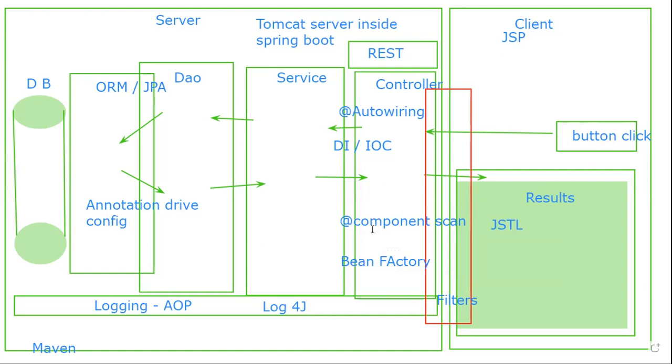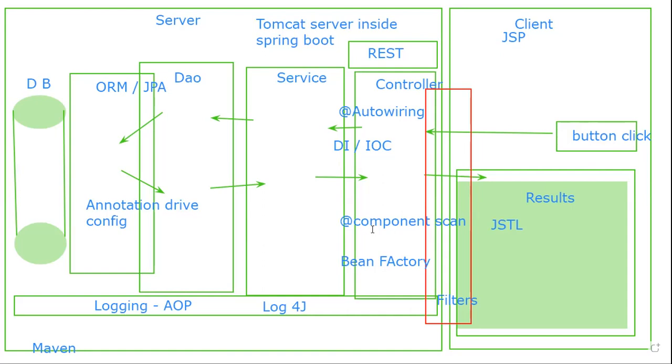And what are filters? Filters are the ones which restrict the entry of a URL into our system. So that's the duty of a filter. You should know what a filter is and how to configure it. And then what is AOP, aspect oriented programming, a beautiful concept.